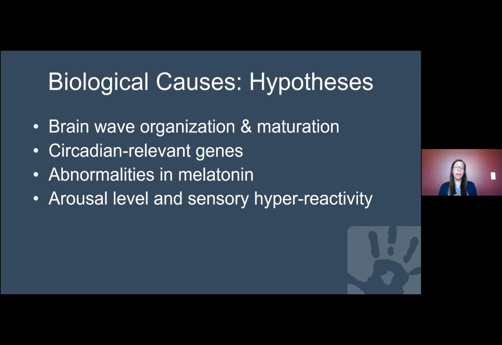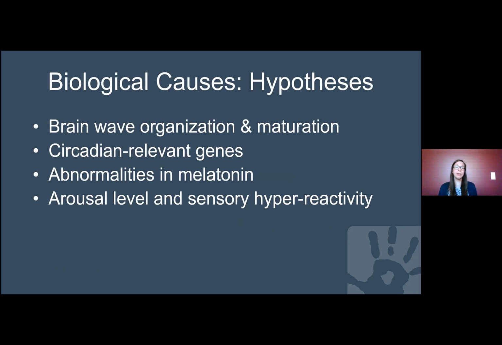Then there are several hypotheses about why kids with autism in particular might have an increased propensity toward trouble with sleep. One is that there might be some differences in children with autism in their brainwave organization or their maturation that can cause disruptions in sleep.